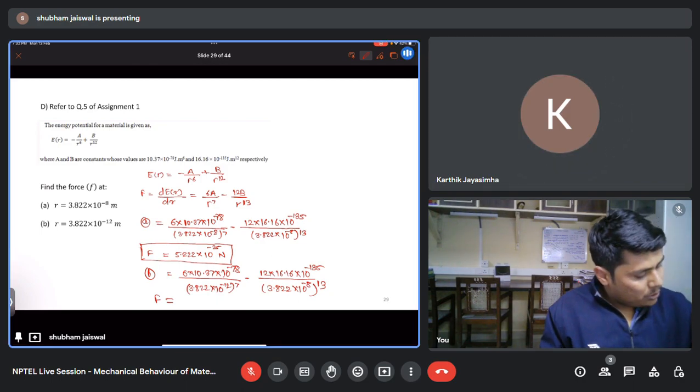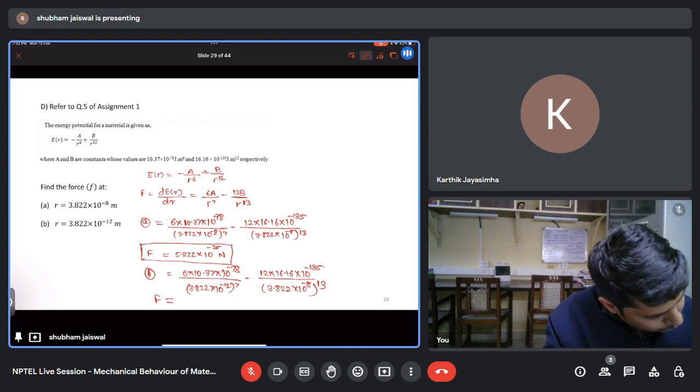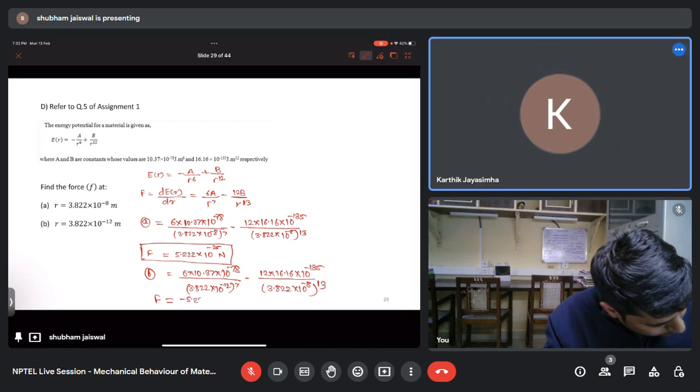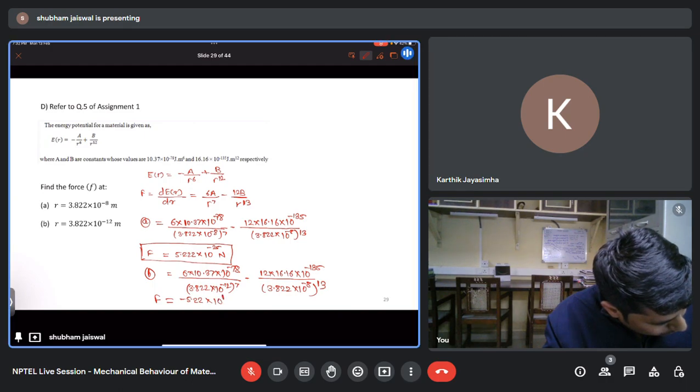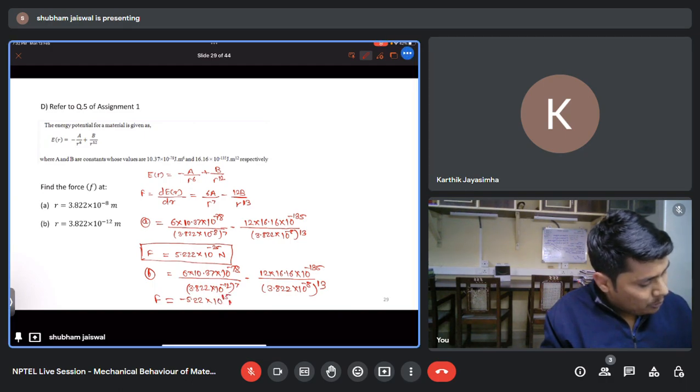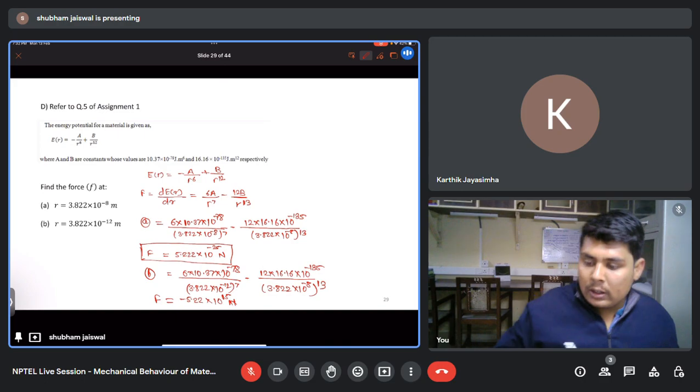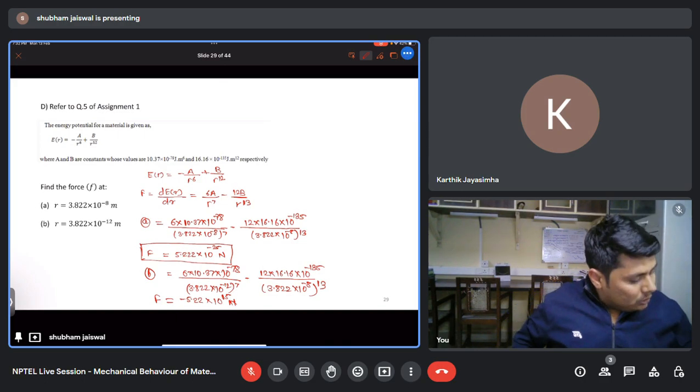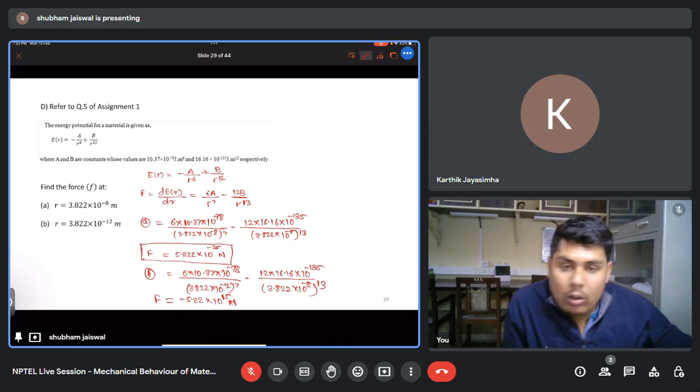So it comes out to be minus 5.22 into 10 to the power 15 newtons. Okay, so this is the force for case 2.